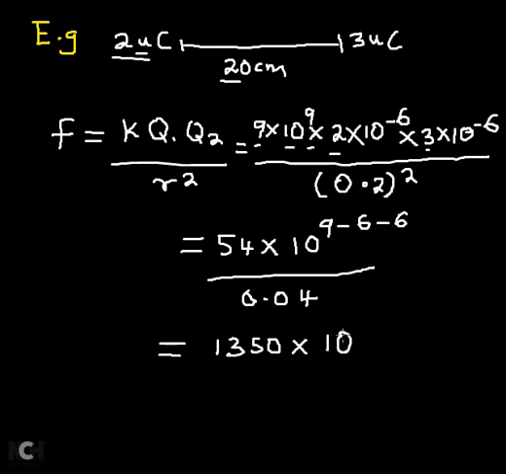So I'm having 10 raised to the power of minus 3. You know very well that 10 raised to the power minus 3 is the same as 1 all over 1000. So if you divide 1350 by 1000, you're going to end up having 1.350 Newton.